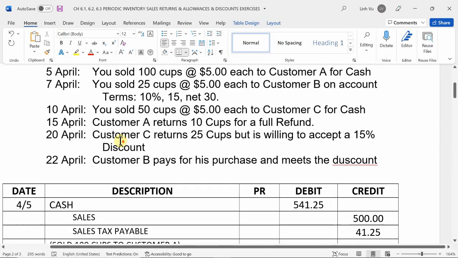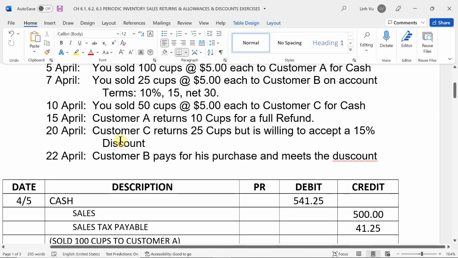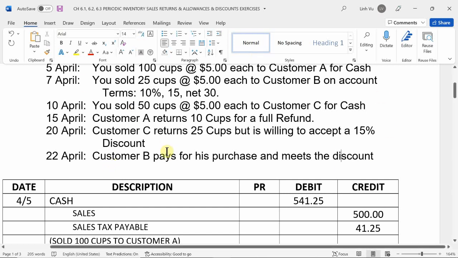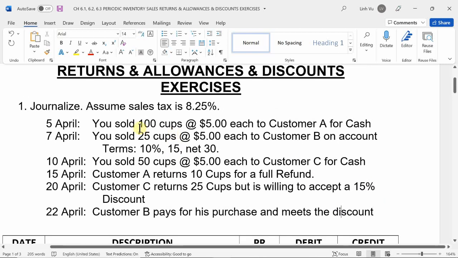And then last but not least, on April 22nd, customer B pays in full for his purchases and meets the discount period. Okay, so if customer B pays for his purchases in full and meets the discount period, let's take a look at when we sold to customer B. We sold to customer B on April 7.